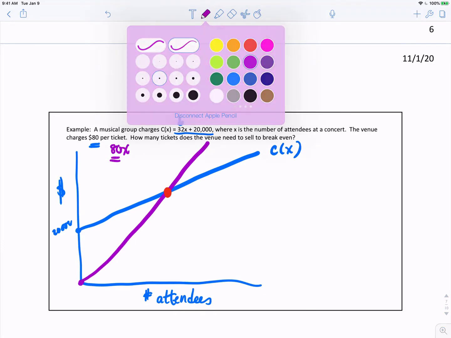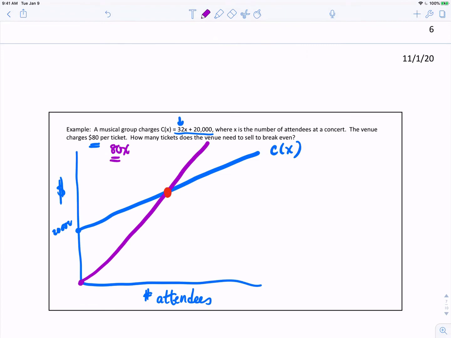All right, so this is pretty easy to do. We just have two linear equations. One is y is equal to 32x plus 20,000. And the other is y is equal to 80x. This would be a really easy equation to solve for by substitution because this equation is already solved for one of the variables.